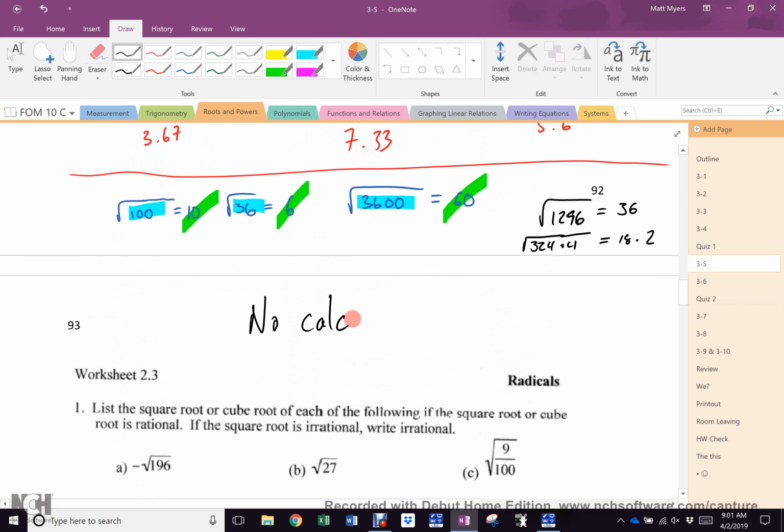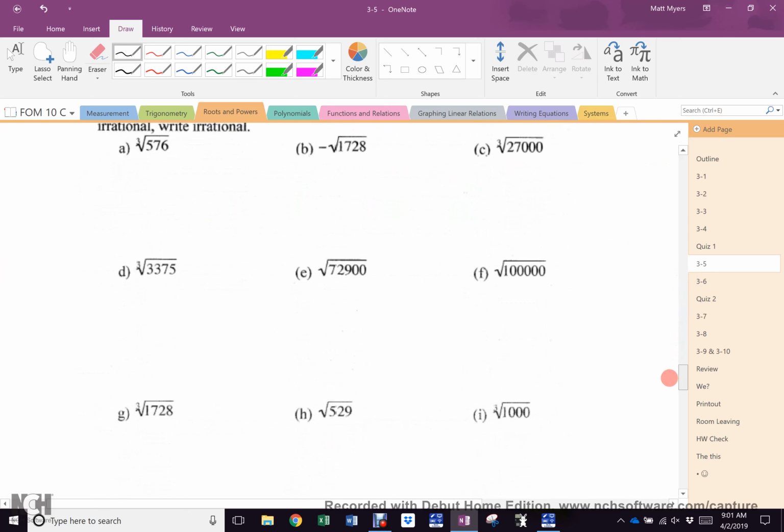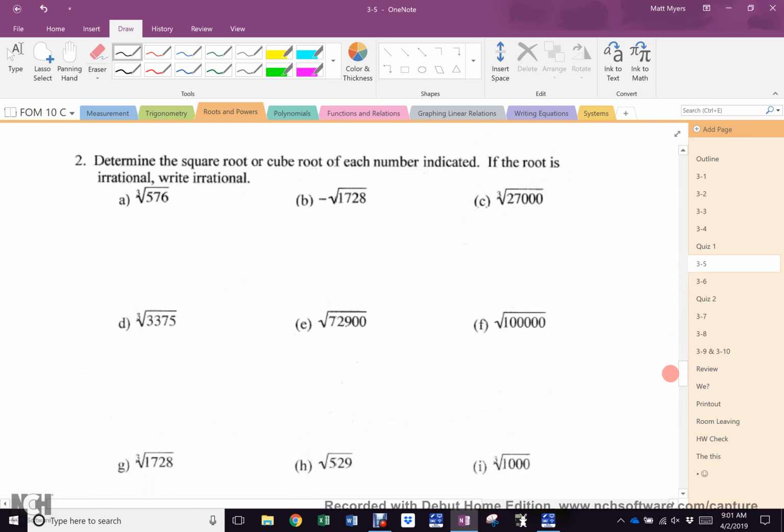Everybody cool? If it's irrational, all you got to do is write irrational. That's what you're going to do first. Then, on the next page, you're going to do the same thing, but the numbers are bigger.